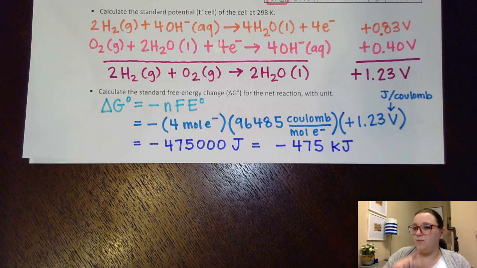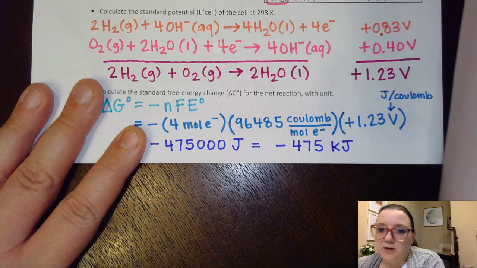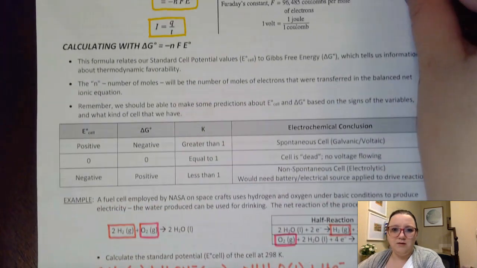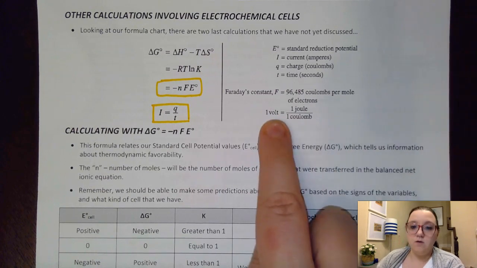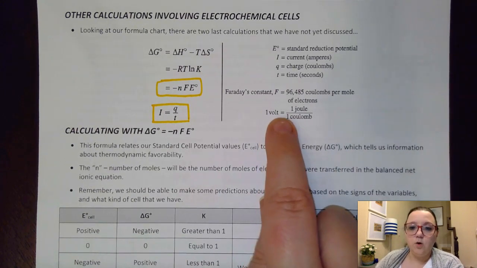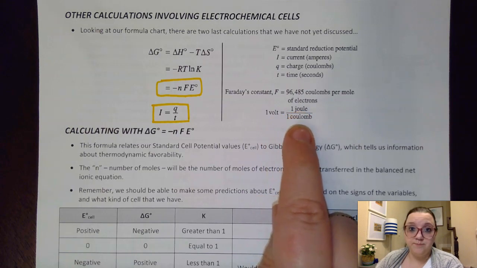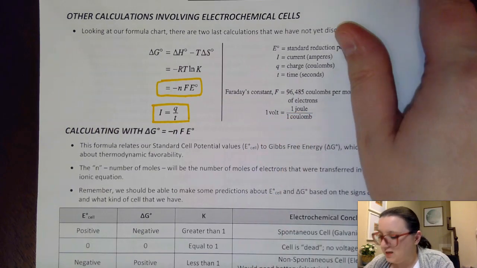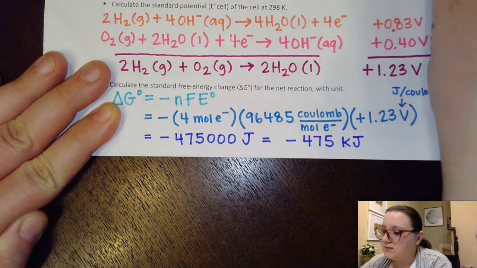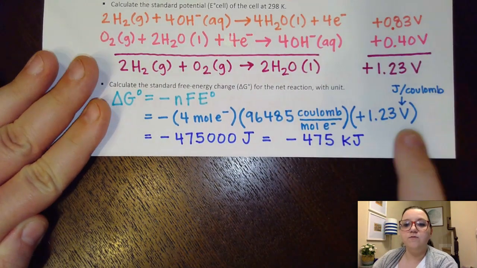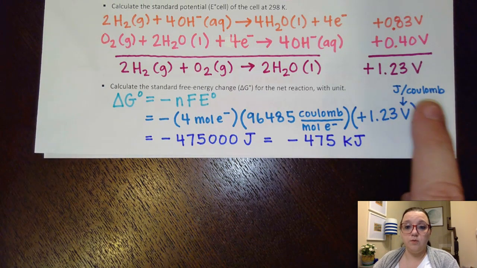Now I want to talk about units for a second, okay? There's an equation up here, even though it's really kind of on the other side of things, that says that 1 volt is equal to 1 joule per 1 coulomb. And so what I did here, so I can see the units canceling out, is I showed that that volts would be equal to joules over coulomb.